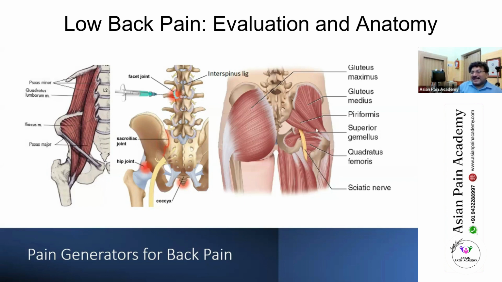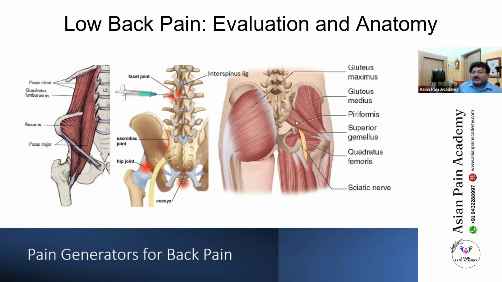Now, there is another term, previously known as piriformis syndrome, now called deep gluteal syndrome, that could be a cause of the pain. The piriformis is a muscle originating from the anterior part of the sacrum, S2, S3, S4, and going to attach to the greater trochanter. Just below this piriformis muscle, there is a nerve known as the sciatic nerve.